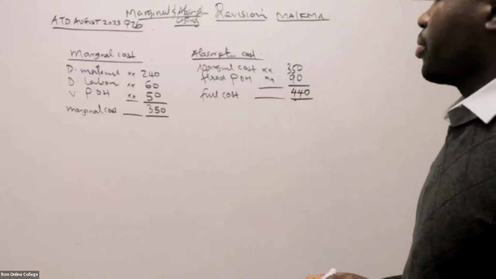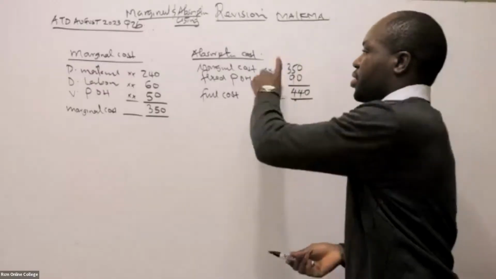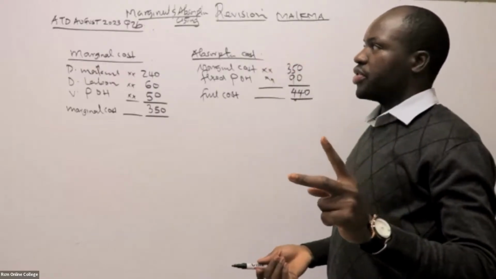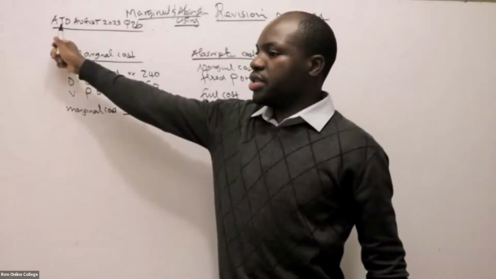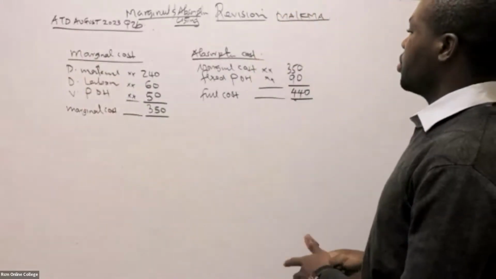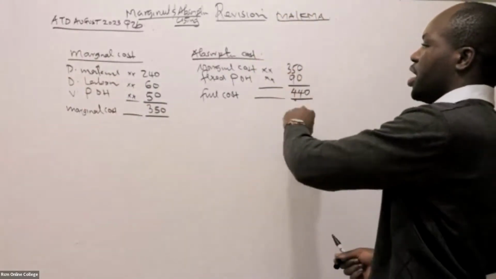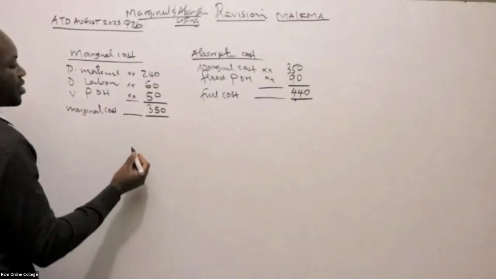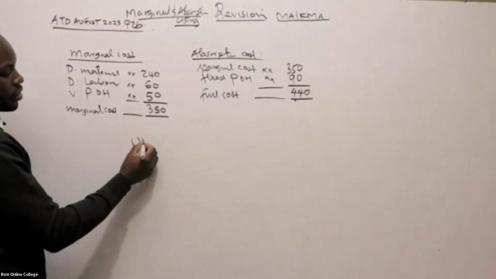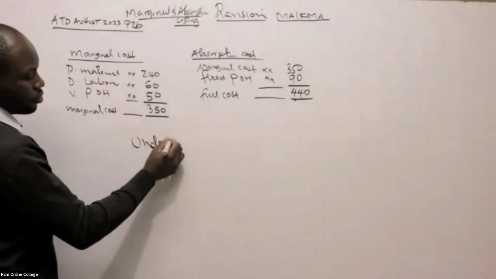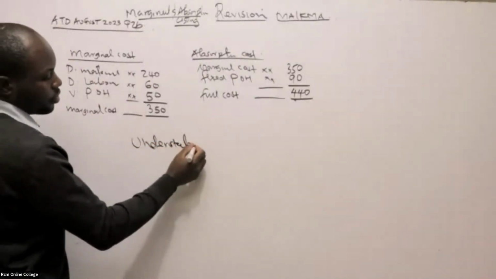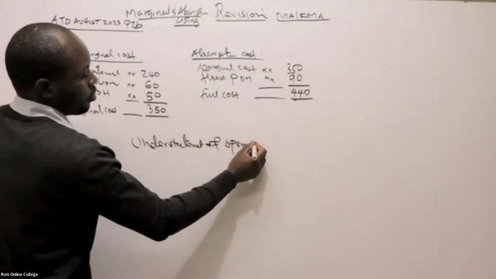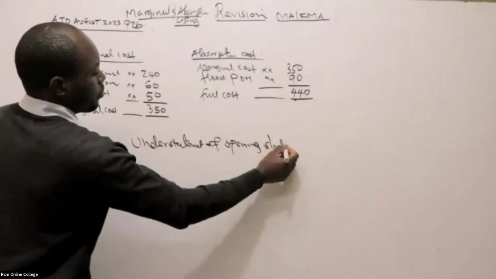Good. Now, this difference will lead to two items. ATD or CPA? ATD. This issue here will lead to two things. Number one, understatement of opening stock, if there is any.